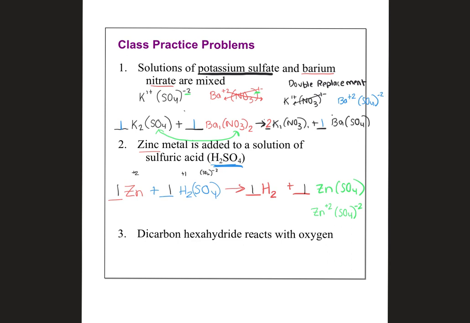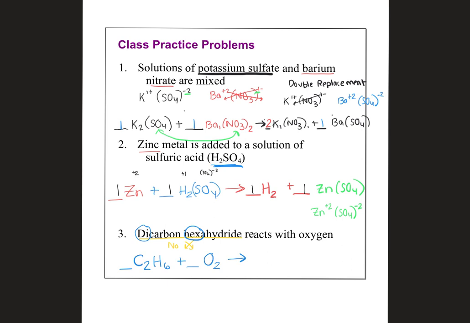Last one, dicarbon hexahydride. I see prefixes, so we got no crisscross. We're just going to use the prefixes. Di means 2, so we get C2. Hexa is 6. Hydride is hydrogen, so H6 reacts with oxygen. Oxygen is one of my diatomics, so we call it oxygen, but it's really O2, Hike-Bro-Need Cliff Bar.